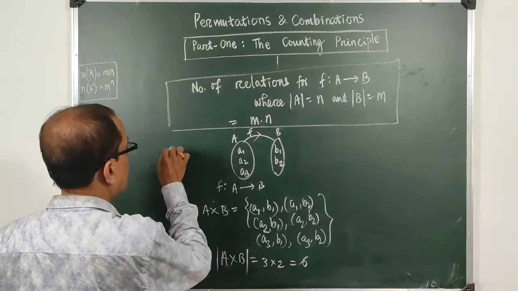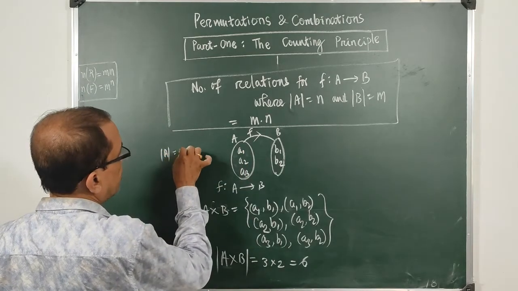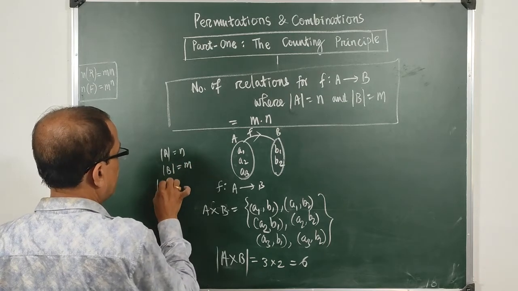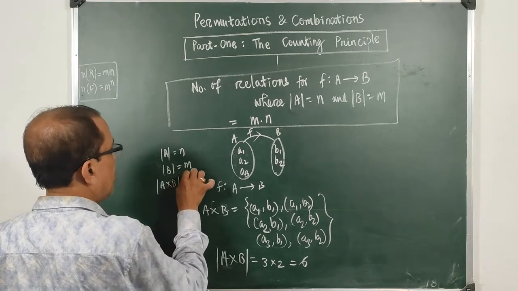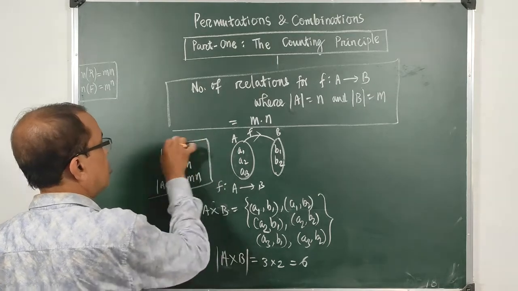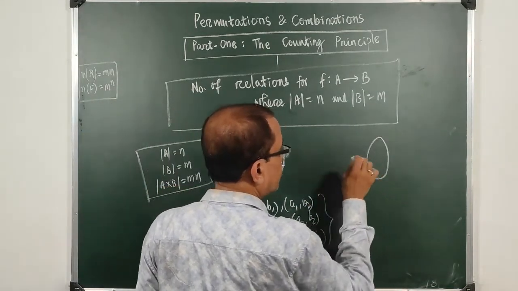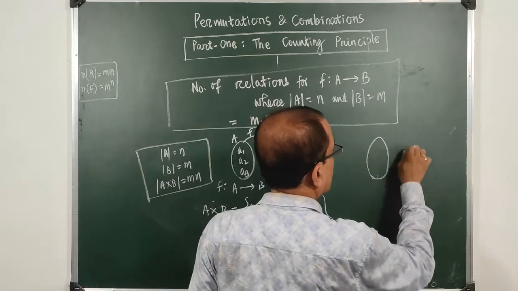That's why if the cardinality of A is n and the cardinality of B is m, then the cardinality of A cross B becomes mn, which is the pattern used for the number of relations. But what is a function? Suppose there is a film hall.